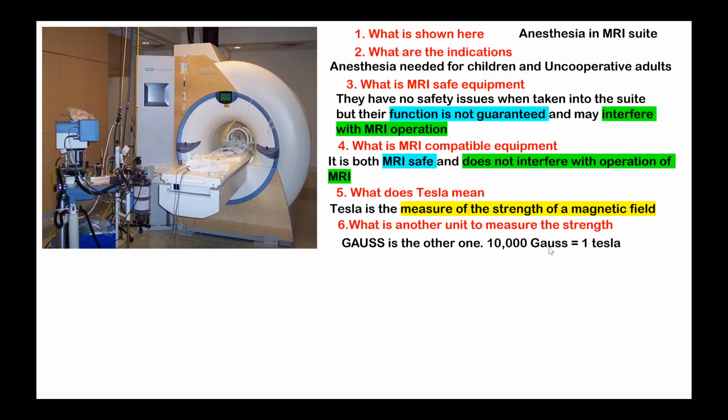So 10,000 gauss is equal to 1 Tesla. So the Tesla decides the magnetic field strength. Earlier we had 1.5 Tesla. Now we have up to 3 Tesla MRI machines available for more clarity and better quality pictures. What is the working principle of an MRI machine?